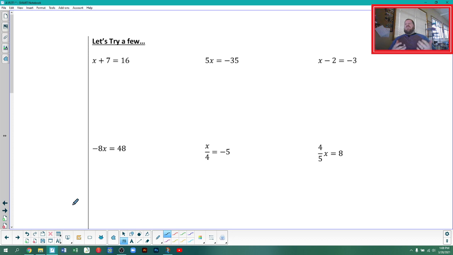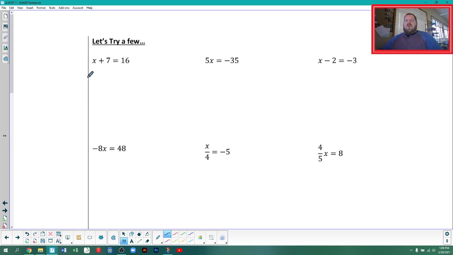So we whittle away at what's happening to x. We chip away things that are happening to x. When we're doing it in a more advanced setting, we start as far away from x as we can. In these ones, it's pretty straightforward because there's only one thing happening to x. On this one, x is being added to 7. Using the property of equality, I can undo that adding 7 using inverse operations.